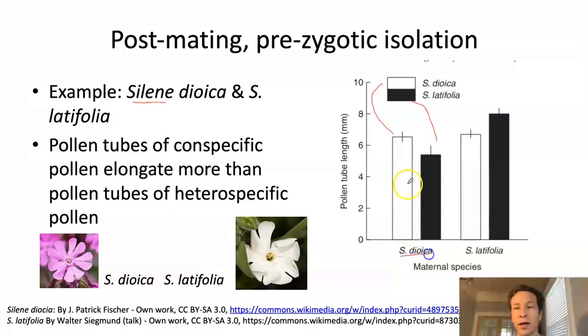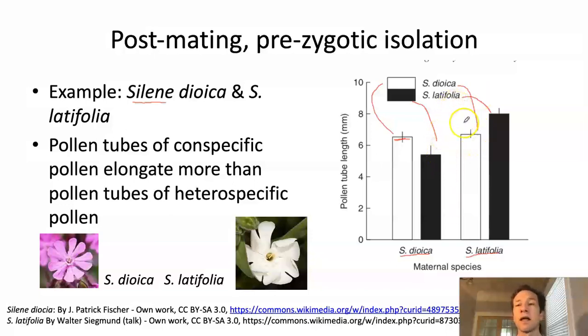You can see that on dioica flowers, dioica pollen tubes elongate longer than they do on latifolia flowers in the same length of time. I don't remember, but maybe after about 4 hours. And in latifolia, we see the same pattern. Latifolia pollen tubes grow faster and hence reach a longer length per unit time than do dioica pollen tubes on the same flowers.